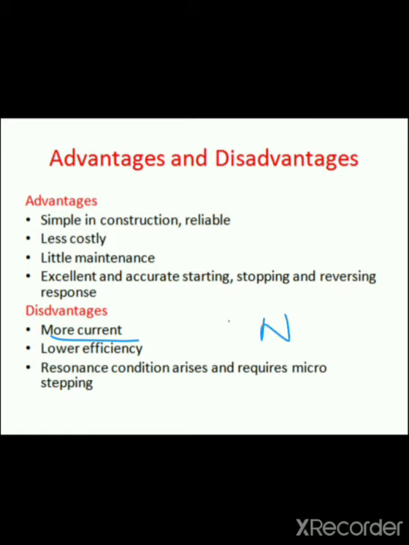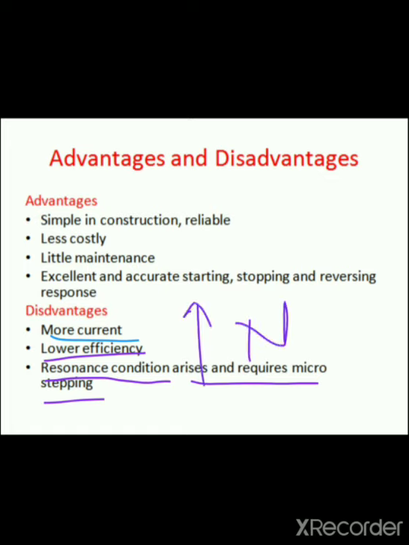If speed is more, then torque will reduce. Next is lower efficiency. Next, the resonance condition arises and requires micro stepping. And the last one is, at high speed, the control is not possible.